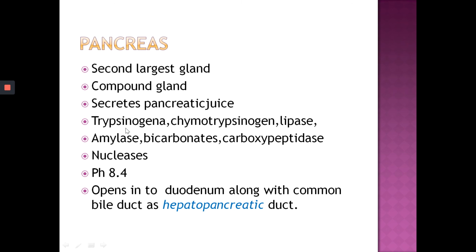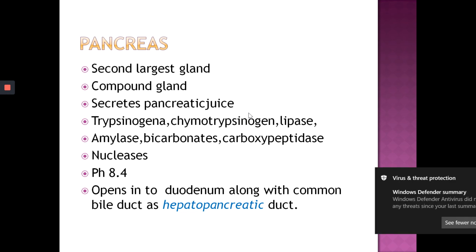Further, we move to pancreatic juice. Pancreatic juice consists of trypsinogen and chymotrypsinogen. Whenever you observe the suffix gen, you have to identify it as an inactive form of the enzyme.